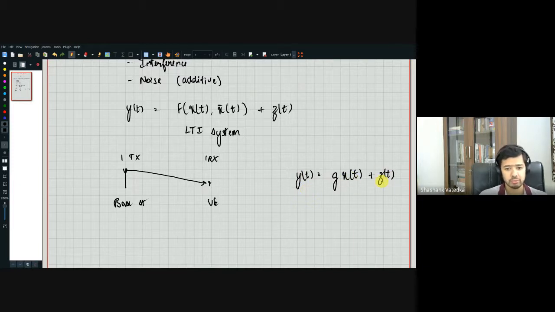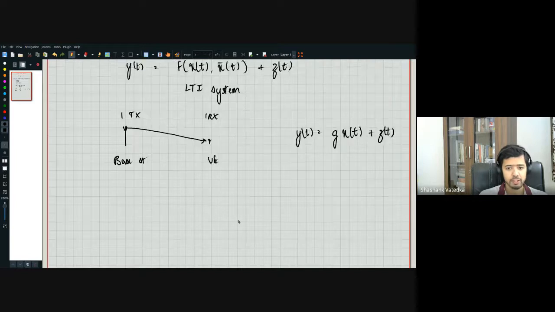Okay, but now what does a wireless channel provide in addition to, let's say, wireline channels?